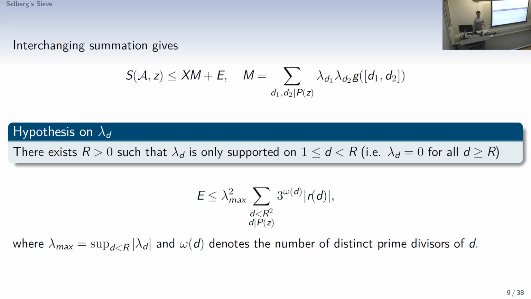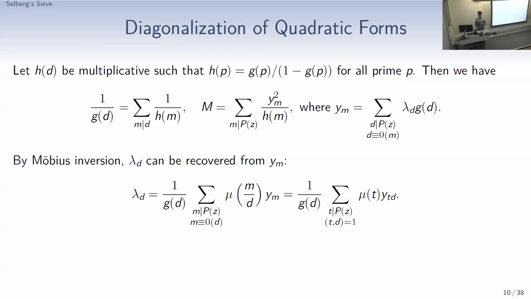And that transformation also involves a series of technical number theoretic calculations. And here's the result. If we introduce this h function, which is also a multiplicative function, when d is a prime number it satisfies that relationship with the function g. And then using the properties of multiplicative functions, we see that the reciprocal of g has a relationship with the reciprocal sum of the function h, summing over the positive divisors of d.